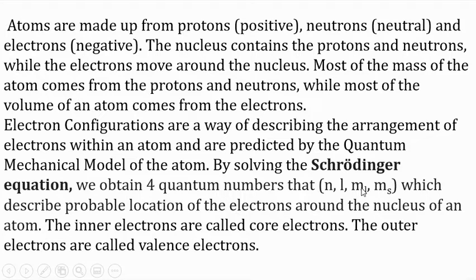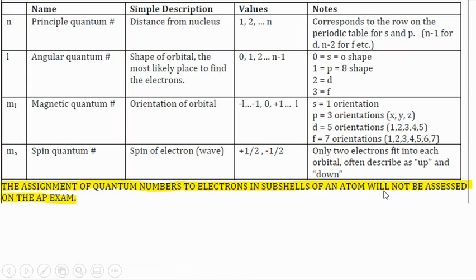M is its orientation in space, and S is its spin. We can use those quantum numbers to help us figure out the electron configuration. You don't have to do quantum numbers on the AP exam, but if you understand quantum numbers, it makes electron configuration very easy.